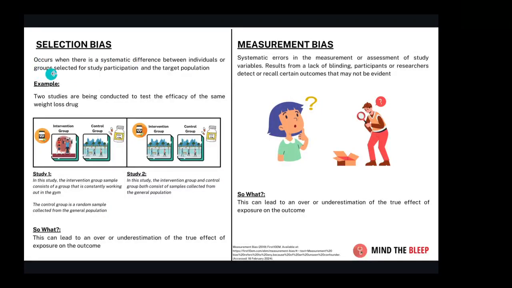Selection bias. This occurs when there's a systematic difference between individuals or groups that are selected for study participation and the target population. So just looking at an example of this, let's say that you have a weight loss drug, and you want to test the efficacy of this drug.